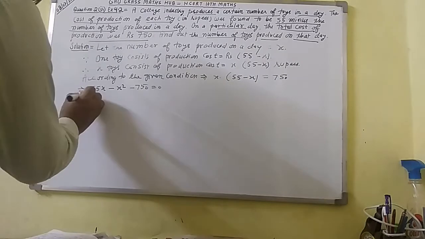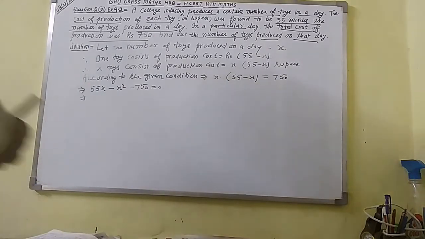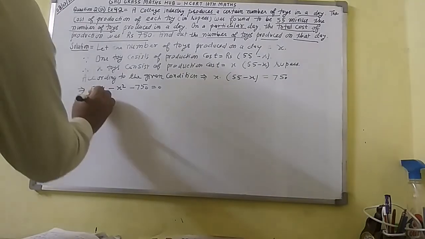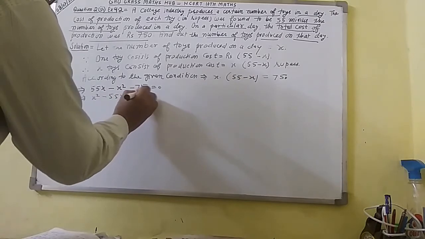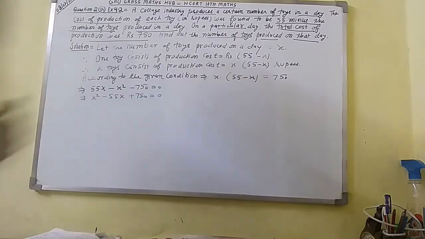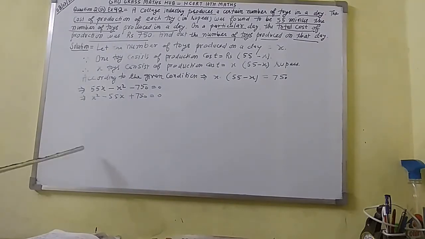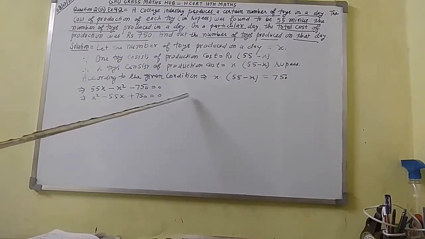On multiplying minus 1 on both sides, you will get x square minus 55x plus 750 equal to 0. This is a quadratic equation, in the form of ax square plus bx plus c equal to 0. Let us see how this quadratic equation is solved.